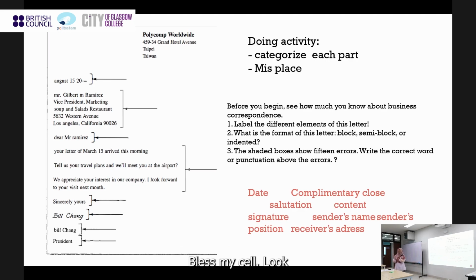Give a plus to Master Mo. Okay, Master Mo, the salutation means the greeting.